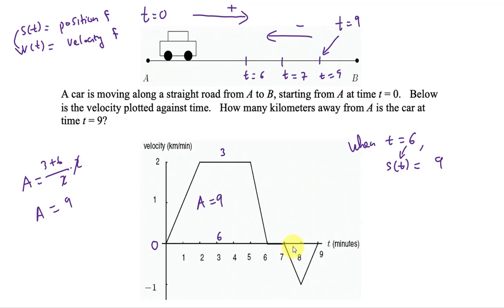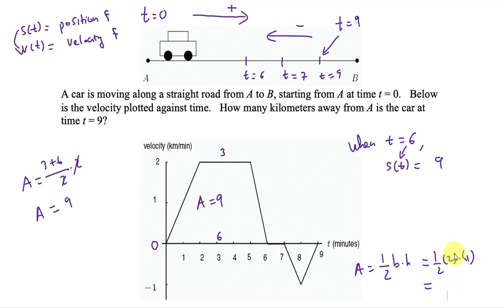So you need to find the area between this curve and the x-axis, and this is a triangle. The area of a triangle is 1/2 the base times the height. You see that the base of this triangle from 7 to 9 is 2 units, and the height from here to here is 1 unit.